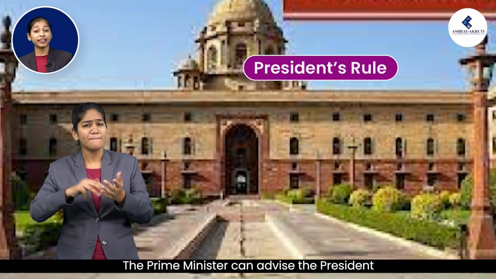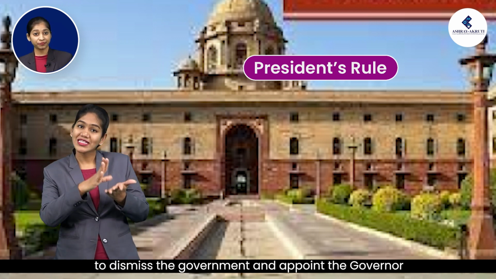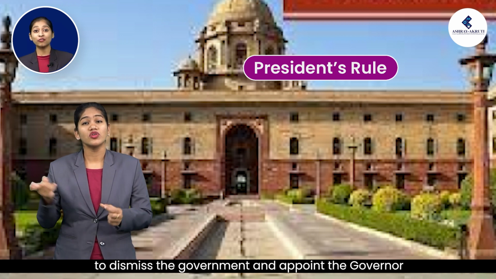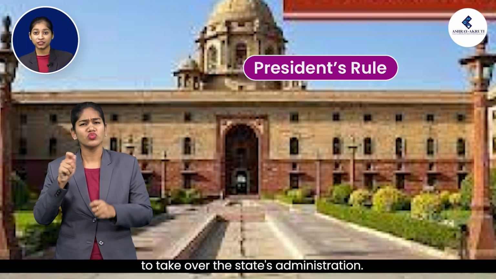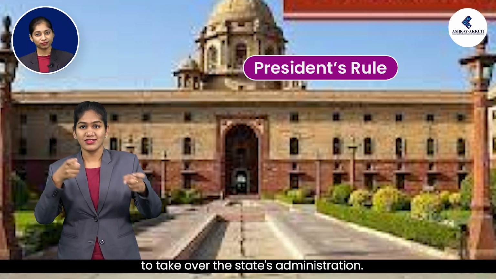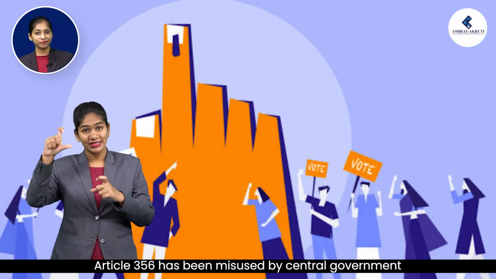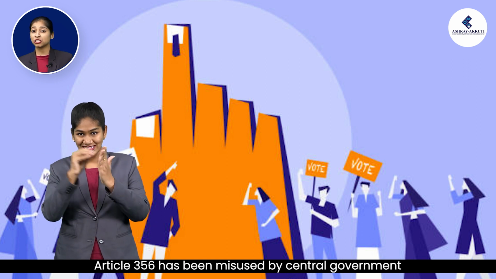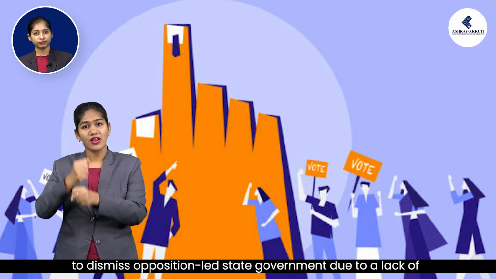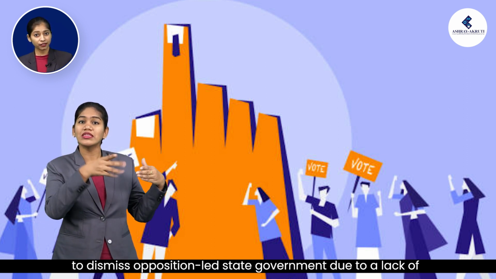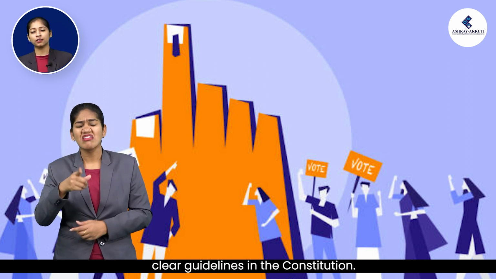The Prime Minister can advise the President to dismiss the government and appoint the governor to take over the state's administration. Article 356 has been misused by the central government to dismiss opposition-led state governments due to a lack of clear guidelines in the constitution.